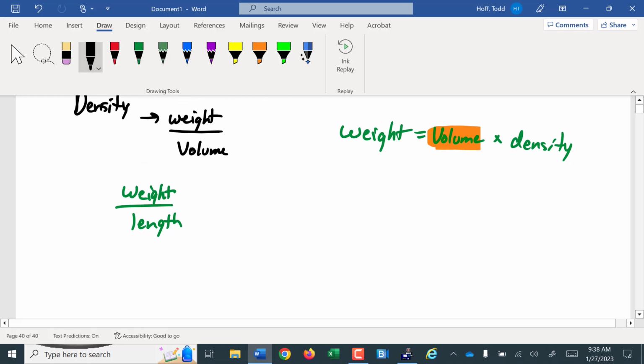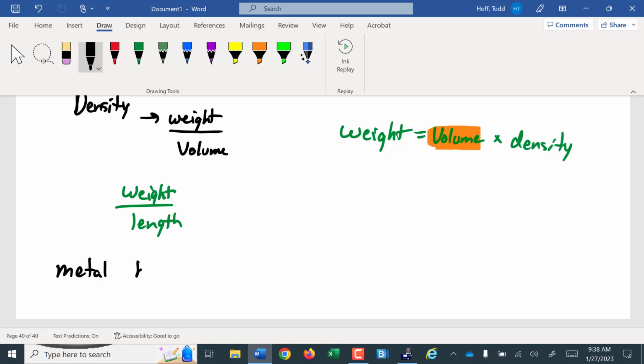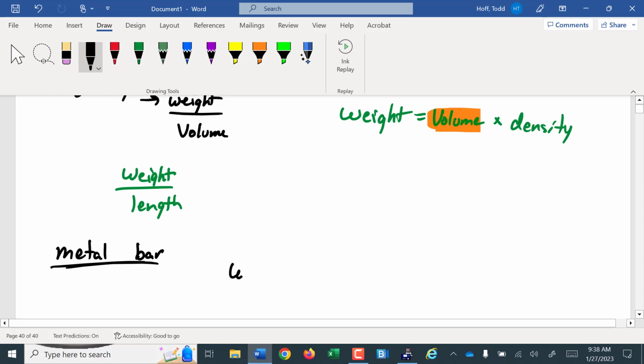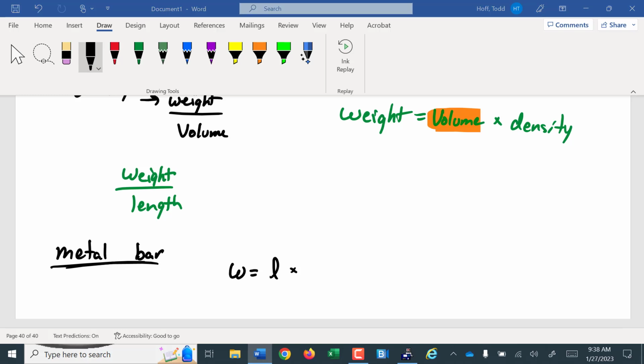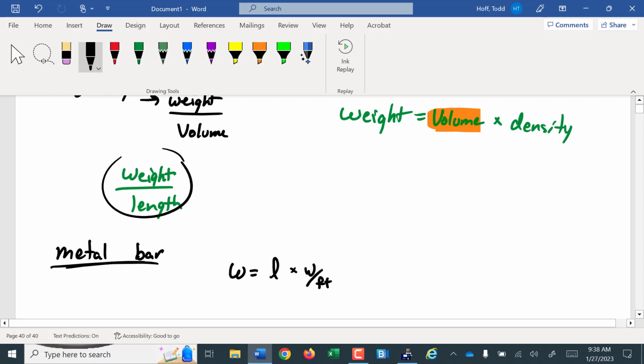So if we have a steel bar, or I should say any sort of metal bar, the weight of that metal bar is equal to the length of the bar times the density. Now, the units that your textbook uses for density, rather than listing it as density, they call it a weight per foot, which is a density, weight per length.